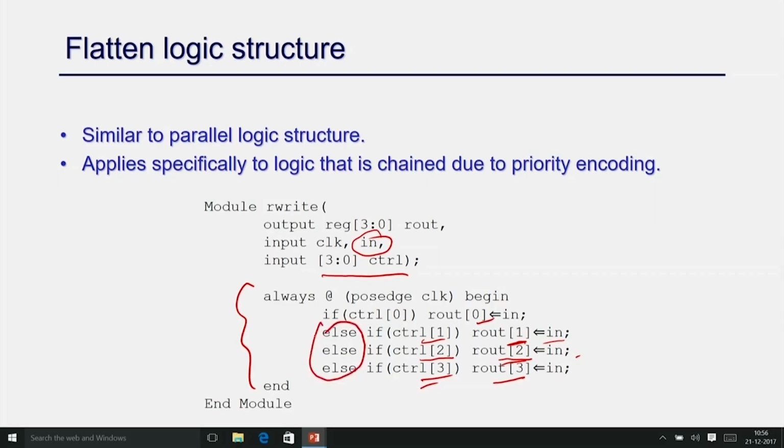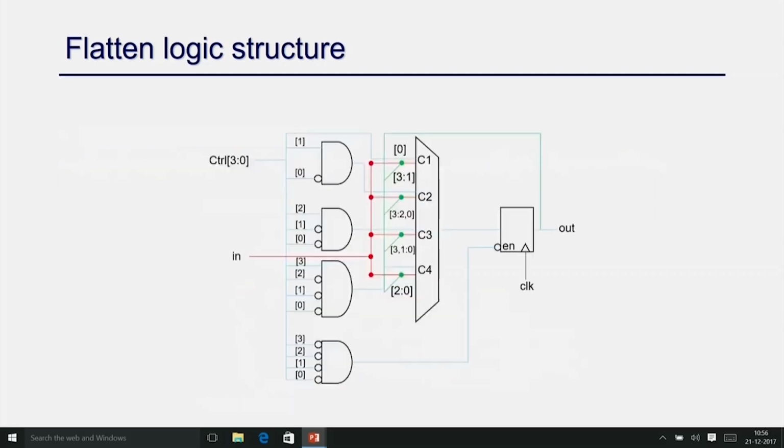But if you think about the equivalent hardware implementation, look at this. If your control bit 0 is 1, the 0th bit is updated. You take this register, R out, which goes here.